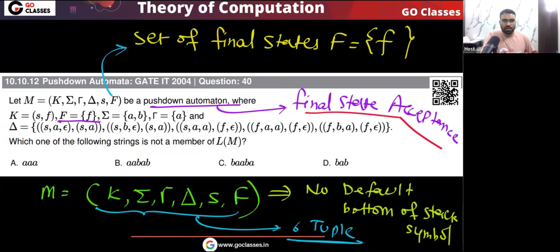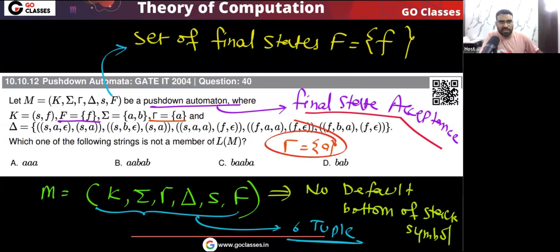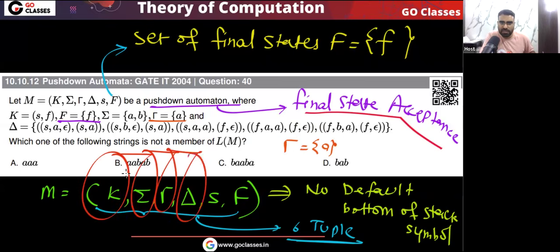Do you agree? Very simple, remember, because here you can easily see the tape alphabet is given to you. Look at the tape alphabet. This is a six tuple. We have set of states, input alphabet, tape alphabet, basically stack alphabet, transitions, start state, set of final states.